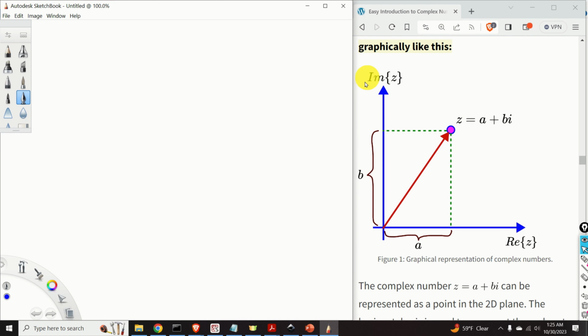Over here you can see a graphical interpretation of complex numbers, and let's sketch this interpretation over here. First, I need to introduce coordinate axes. This horizontal axis will denote the real part of my complex number.